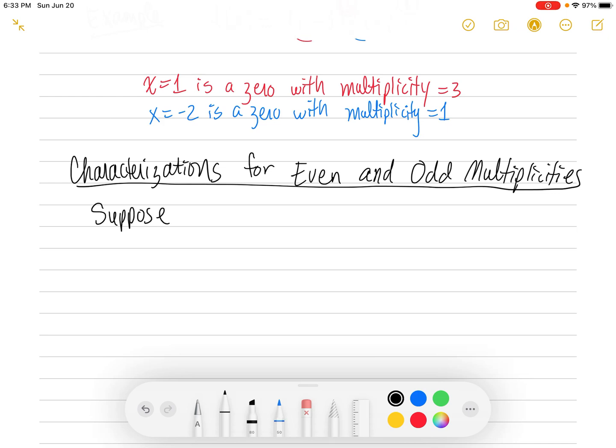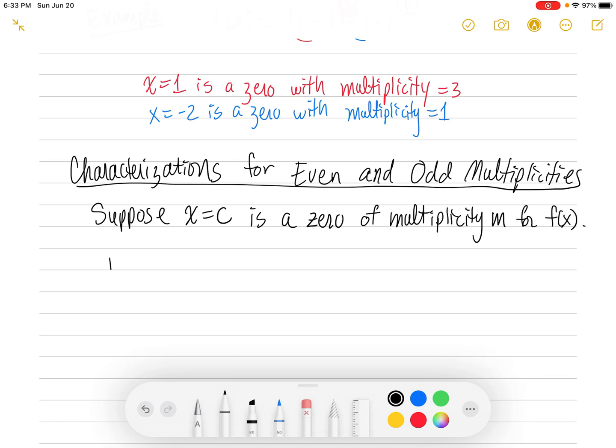Okay, so let's suppose x equals c is a 0, or you could call that a root, or an x-intercept. So x equals c is a 0 of multiplicity m for f of x. The multiplicity is m, it's just some number.